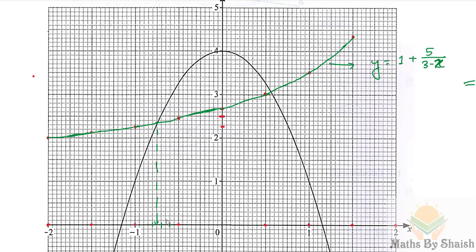So it is between 0.7 and 0.8, and we can take this as minus 0.75. For the other point, we come down to get the x value. Up to here it was 0.5, so this is going to be 0.6, and it is a little bit ahead of it, so I can mark it as 0.56. So those two values are minus 0.75 and 0.56.